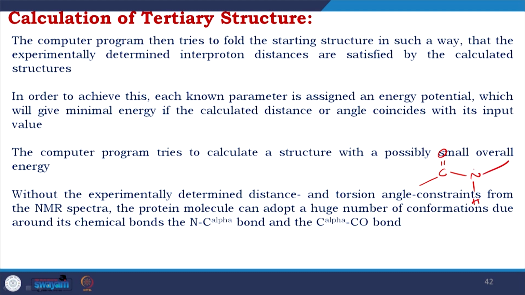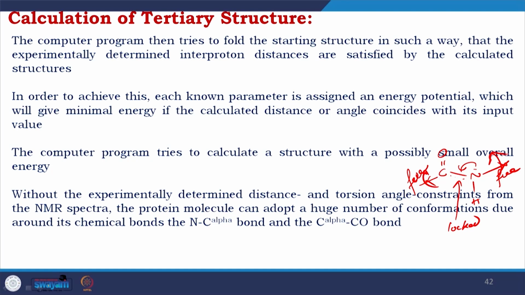Now, this is a partial double bond, so this is locked, but this is free and this is free. So, they are rotating. They could theoretically achieve millions of conformations, but they are restricted by other factors which are coming from the constraints, and that is why it says without the experimentally determined distance and torsion angle constraints. So, if you have those constraints, then you could fix the model.